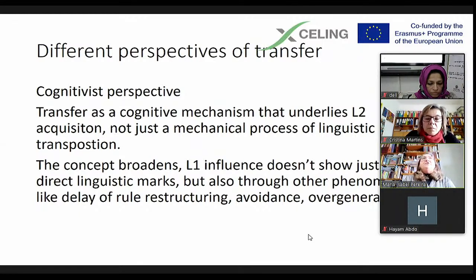But phenomena like delay of rule restructurings, for instance, phenomena like avoidance or overgeneralization of rules or overuse of certain structures are conceived also as manifestations of transfer of L1 or of previous knowledge, not just L1 knowledge.